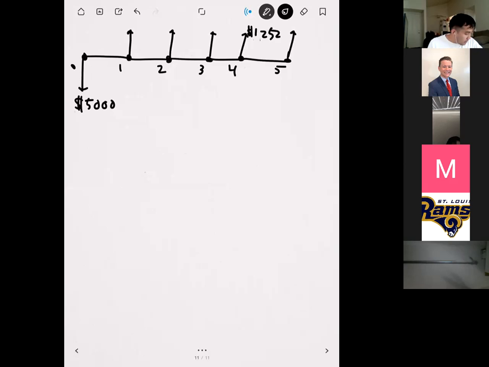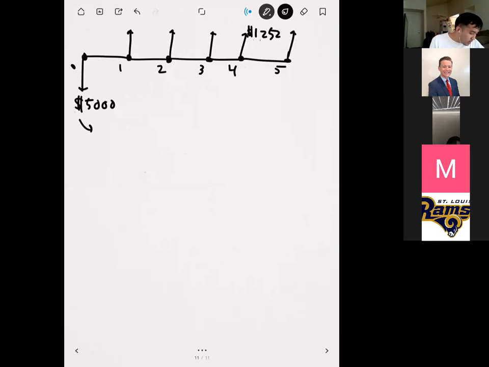And so the way we're going to set this up is we're going to set up an equivalent cash flow and sum up all the cash flows and set it equal to 0. To sum that up, basically, we can convert everything to the same form.